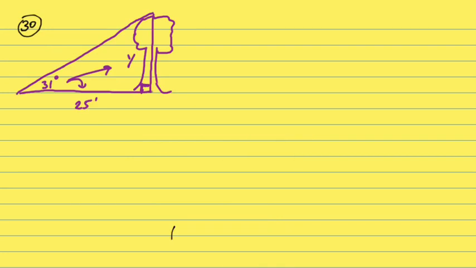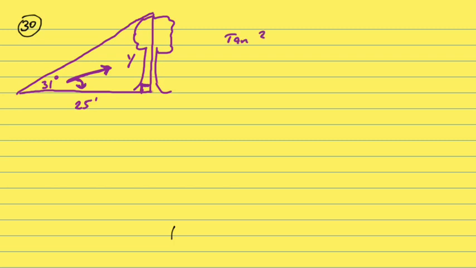So I drew the picture on 30. They want to know how tall the tree is. I believe how tall the tree is opposite of 31, and the given information is adjacent to the 31-degree angle. So what trig, you have to think on your own here, what trig involves opposite and adjacent?